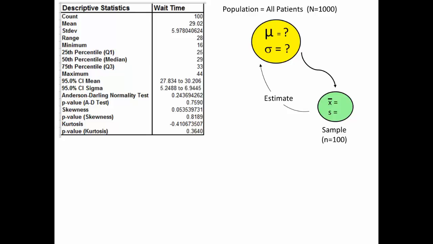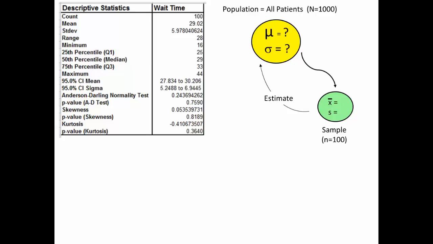It's a bit like taking a spoonful of soup and trying to determine if the entire bowl of soup is too salty or not. We're taking a sample of 100 patients and we're making an estimate about all patients based on that. Could that estimate be wrong? Absolutely. Therefore, confidence intervals will generate a margin of error for us.